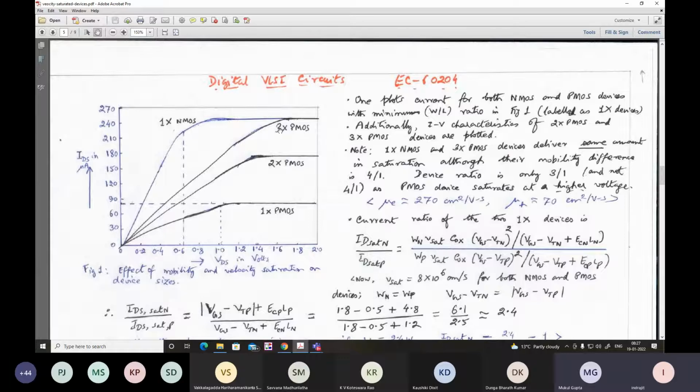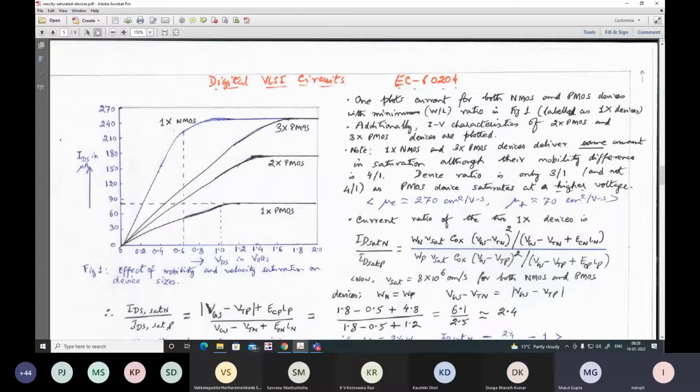So by increasing width with respect to channel length, we increase the current driving ability of the device. Here we see that the PMOS transistor reaches saturation at a higher voltage, whereas the NMOS transistor reaches it at a smaller voltage.